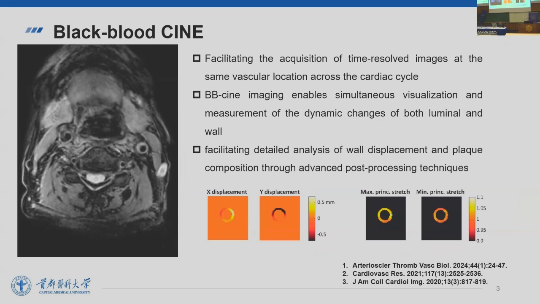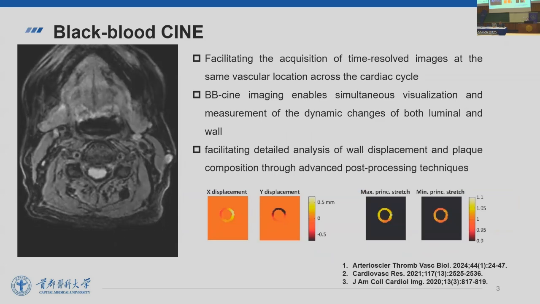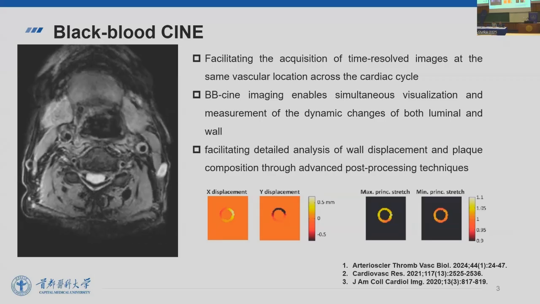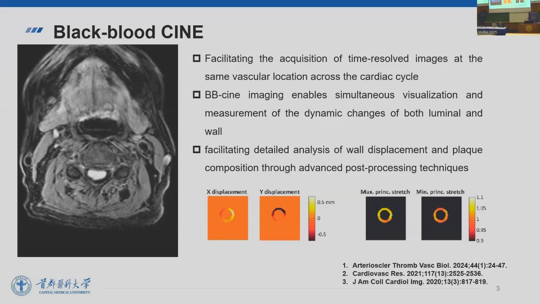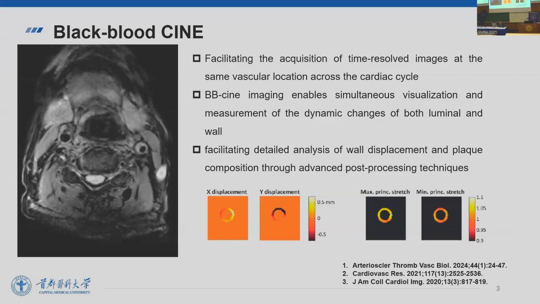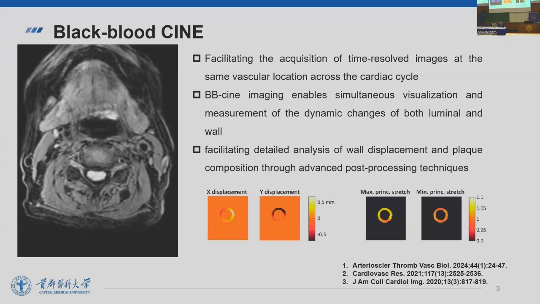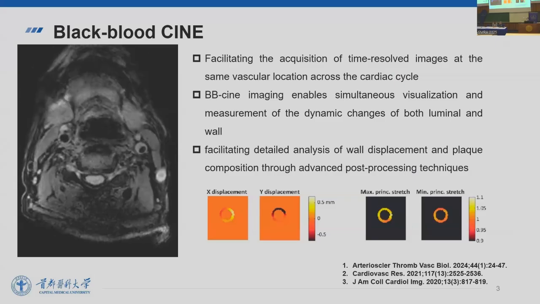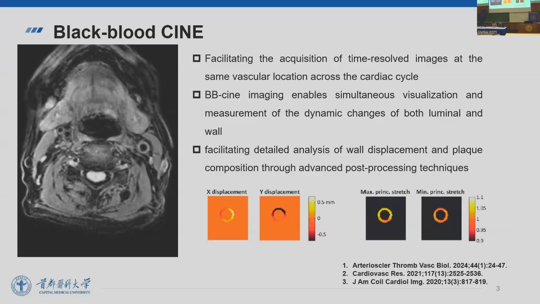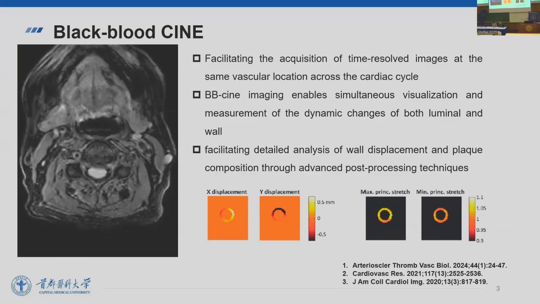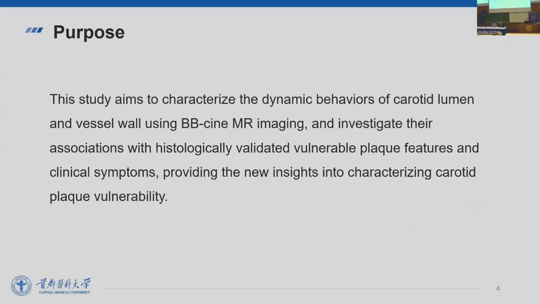MR cine imaging facilitates the acquisition of time-resolved images at the same vascular location across the cardiac cycle, thereby enabling characterization of vascular dynamic behaviors. Black blood cine imaging enables simultaneous visualization and measurement of the dynamic changes of both lumen and wall, facilitating detailed analysis of wall displacement and plaque composition through advanced post-processing techniques.